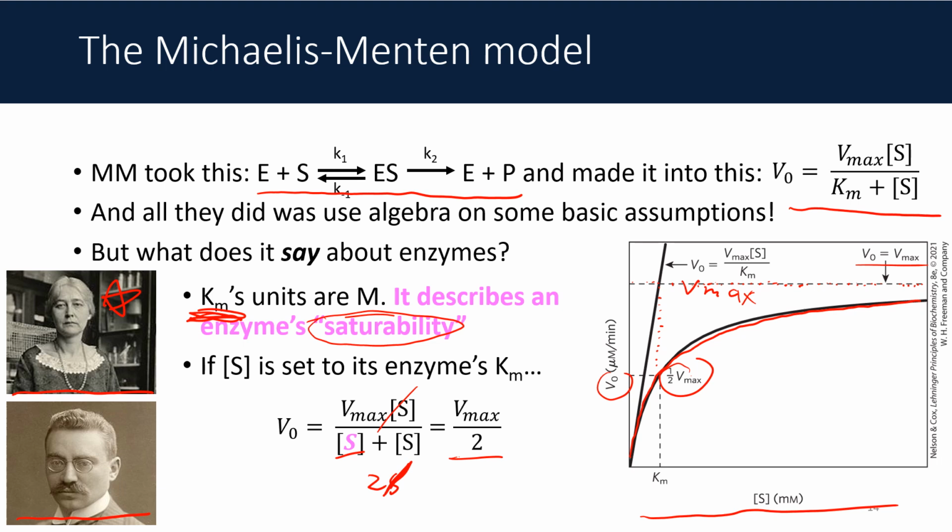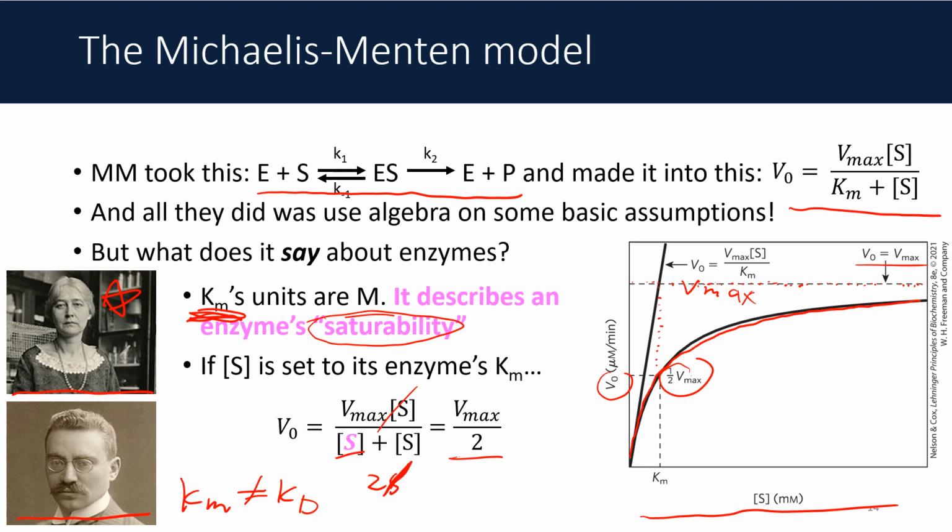I get it. However, it's not a fair comparison. Conflating Km with Kd is a very big misconception. Because enzymes don't just bind substrate, they process them and spit them out as products.